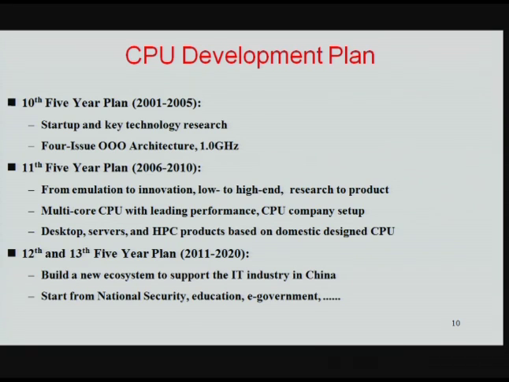According to my understanding, our CPU plan follows several 5-year plans. In the 10th 5-year plan, which lasts from 2001 to 2005, we started up and tried to do some key technology research. At the end of 2005, we achieved a 4-issue architecture at 1 gigahertz. And now we are in the 11th 5-year plan, from 2006 to 2010. In this plan, the whole approach is from innovation to innovation, from low end to high end, and from research to product.